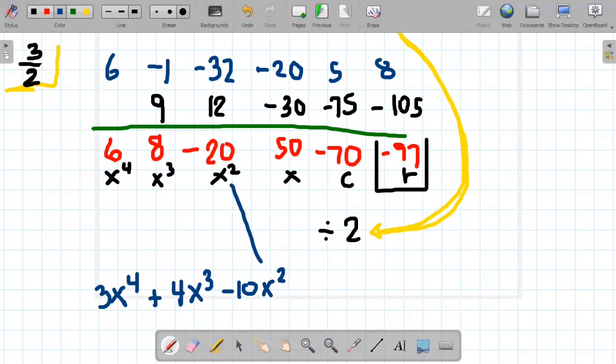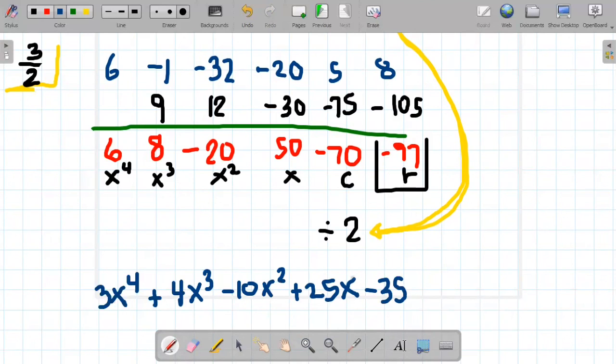Then, you have 50 divided by 2, that's positive 25. So, positive 25, and attach x. Then, you have negative 70 divided by 2 for your constant. Negative 70 divided by 2 is negative 35.